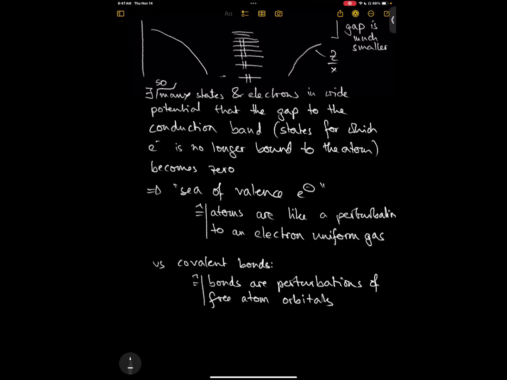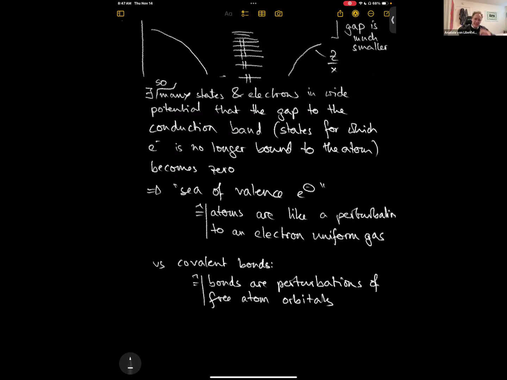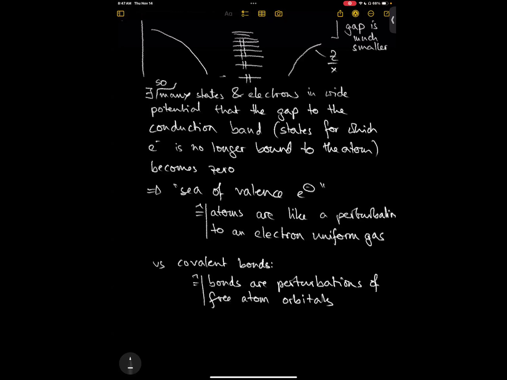So you should think of these early elements as having so few electrons to spare that their interactions only happen on a small scale as you compare to the free atom. While for the later elements, really each element has so many electrons, they share them, and there's a sea of electrons, right?